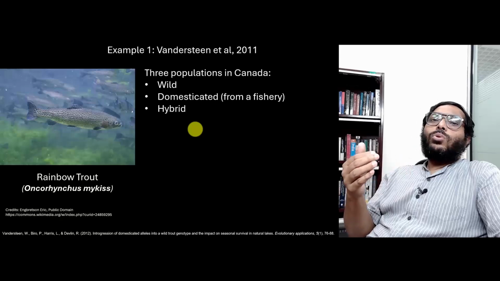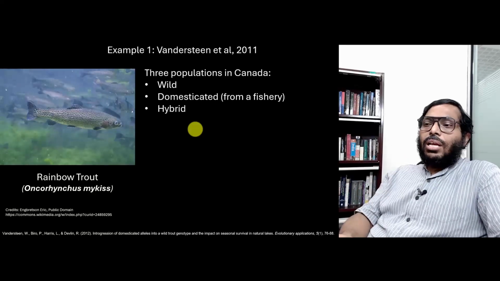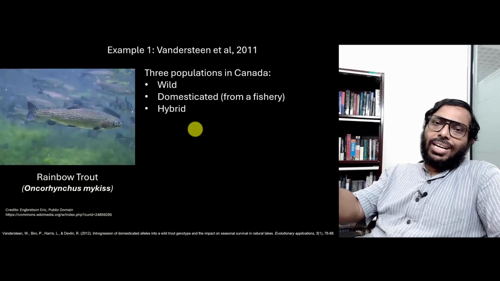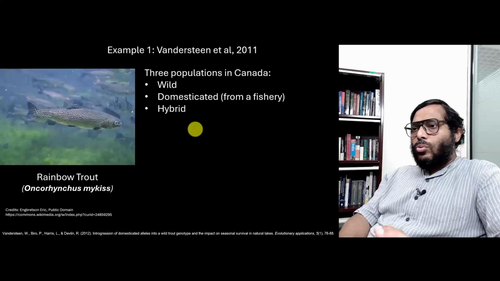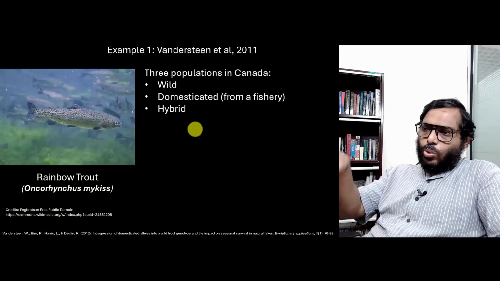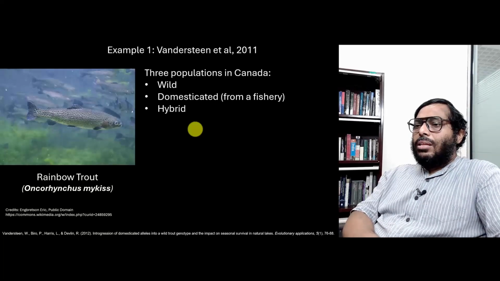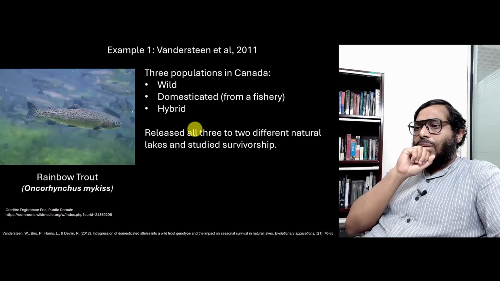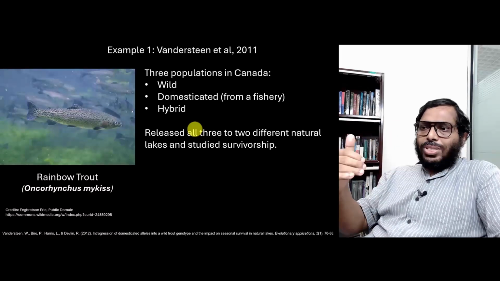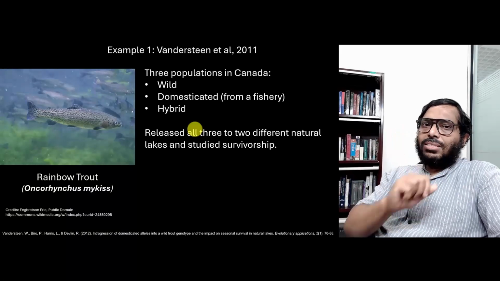It is well known that when fishes are raised in a fishery generation after generation, they adapt to the fishery conditions, which is basically that they get domesticated. So, what Van der Steen et al. did was they took the wild fishes, they took the domesticated fishes, and then created hybrids. Then they released all three types, the wild, the domesticated and the hybrids, to two different natural lakes and studied their survivorship.